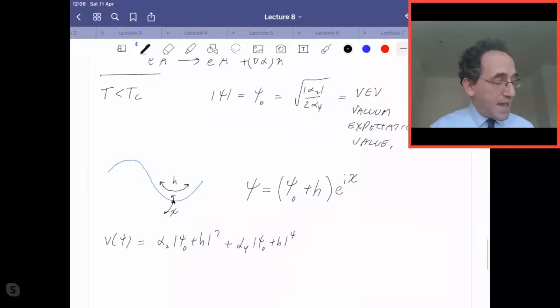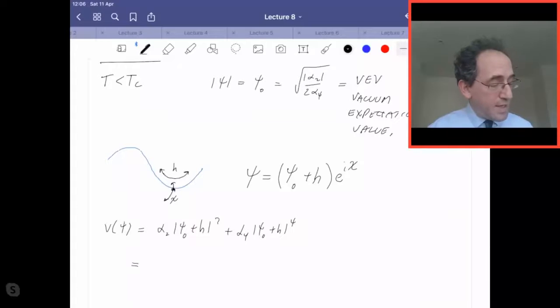If we expand that out, well, we know what it's going to look like. It's going to be a bunch of constants, which we're not interested in, plus some constant C times H squared plus dot dot dot.